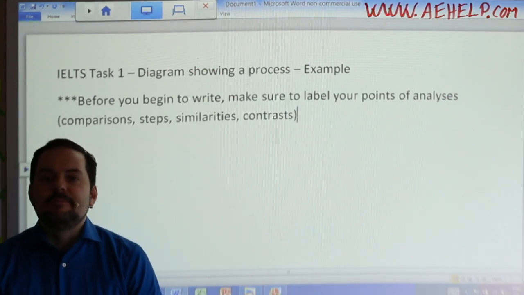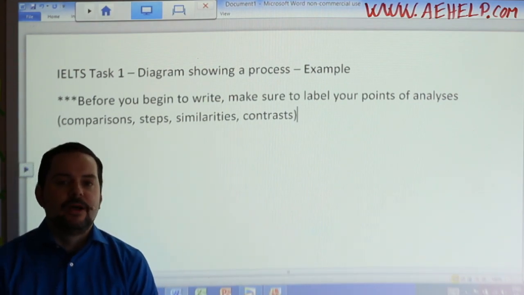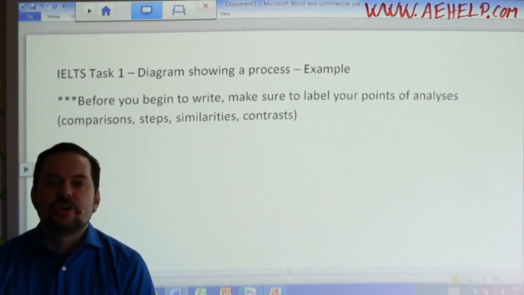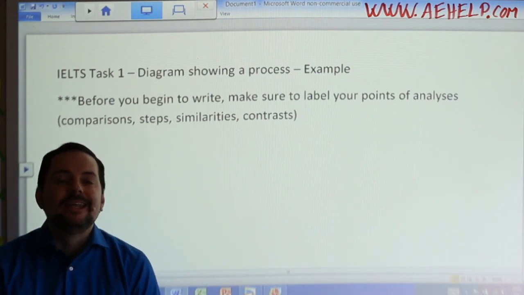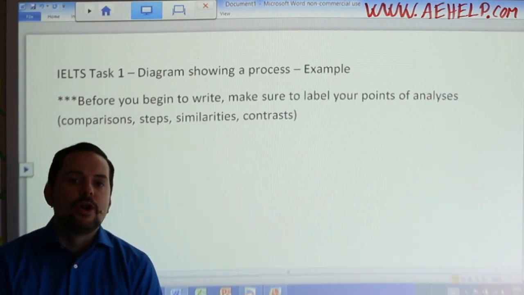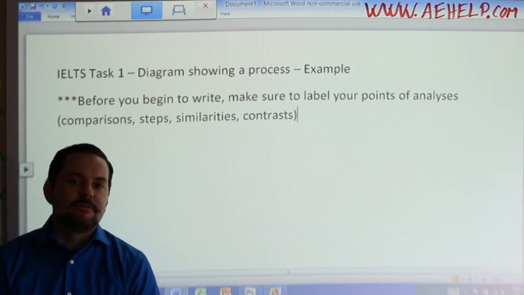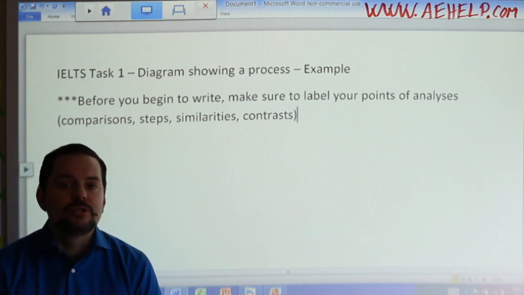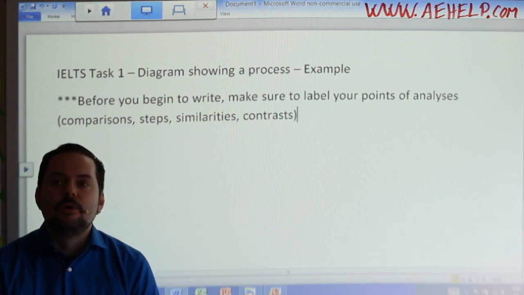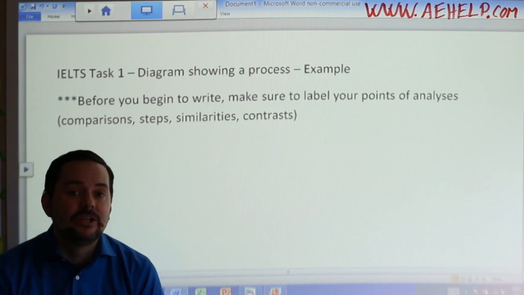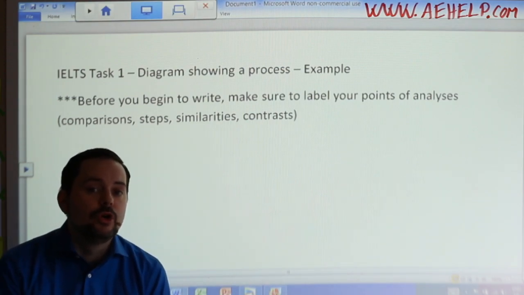The first step before you begin to write for task one is to look at the graph, the pie chart, the bar chart, the diagram, and label your steps. Figure out what are the main pieces of information, comparisons, and contrasts, and label those steps. The most important thing is to label the steps first so you can write clearly and quickly and with good structure.